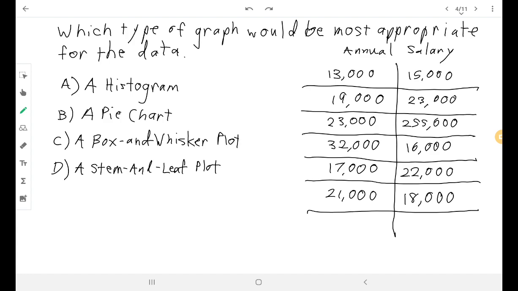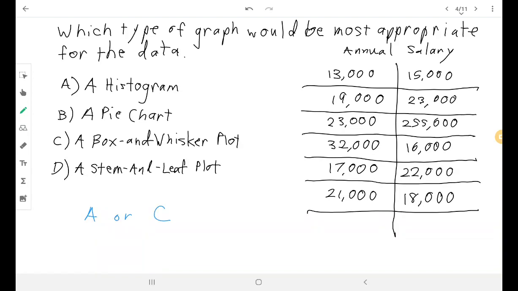And again, we're just talking about annual salaries. So box and whisker plot might be all right. A histogram might be all right. Which one's better would depend on what you really want to get out of it. So I would say either A or C.